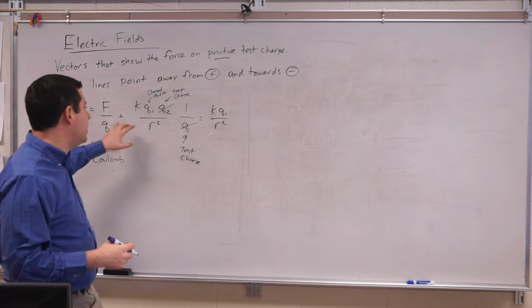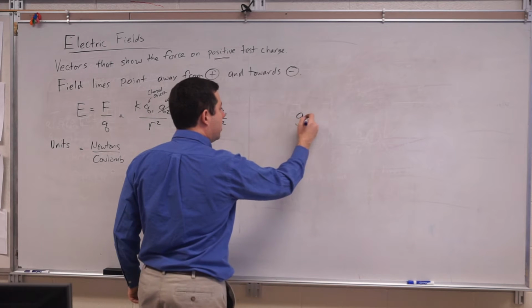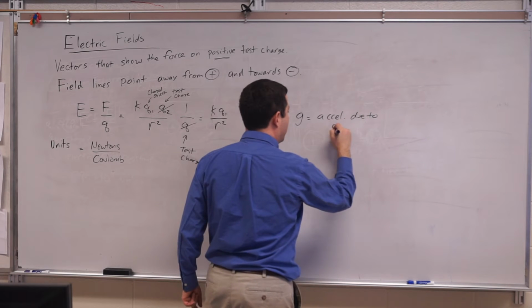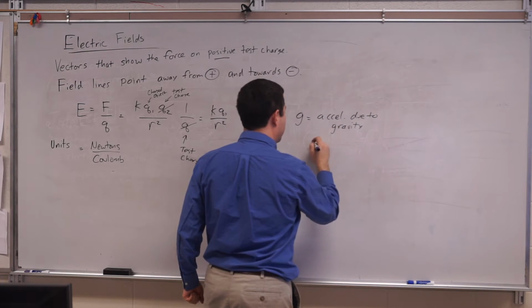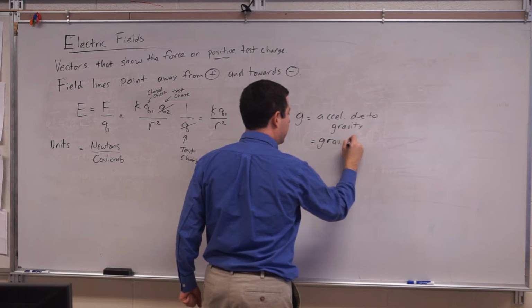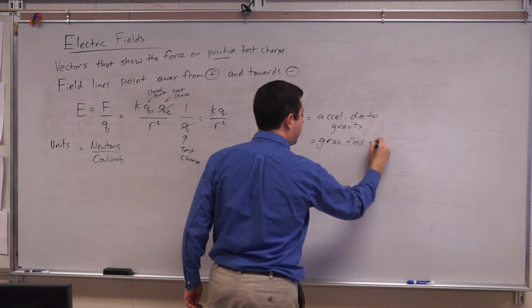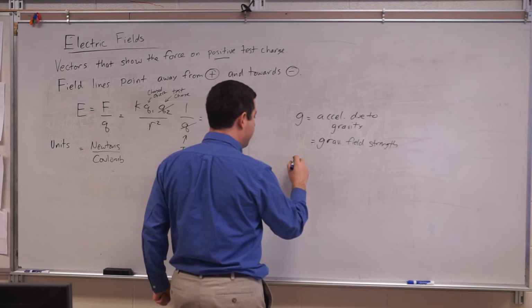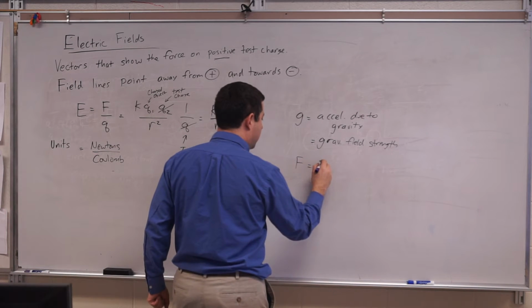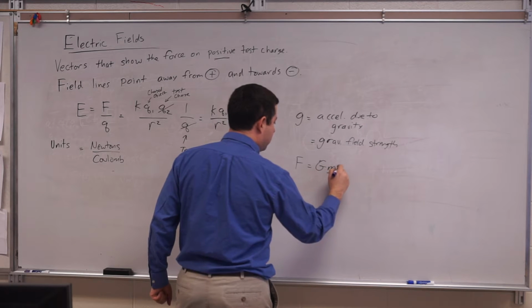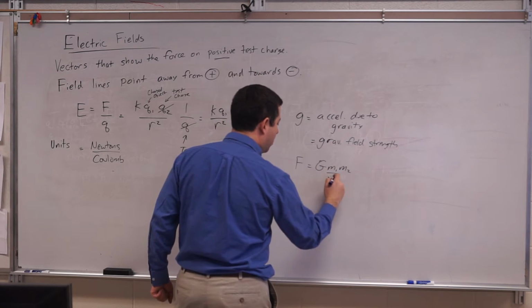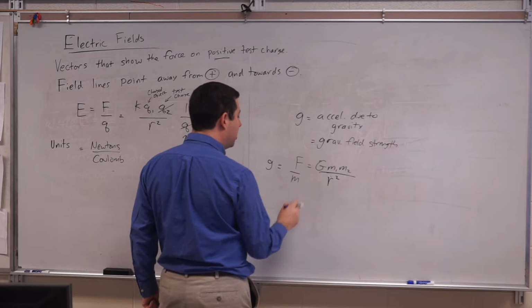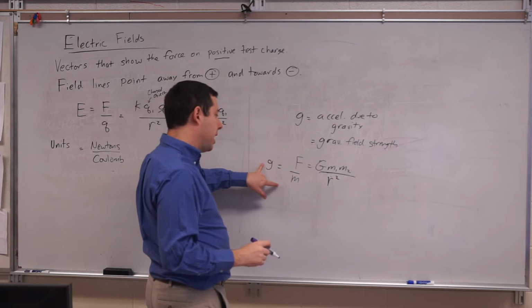And that kind of makes sense because this is very similar to g, which we talk about as the acceleration due to gravity, but is also known as the gravitational field constant, or gravitational field strength, very similar to the electric field strength. If you have your equation F equals G M1 M2 over R squared, and gravitational field strength g is equal to F over m, F equals mg comes out of this, right?